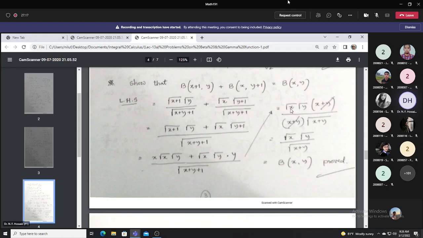We have just gamma x into gamma y divided by gamma x plus y, which is nothing but beta xy. So you see, just using the relation between beta function and gamma function, this relation is very easily proved.